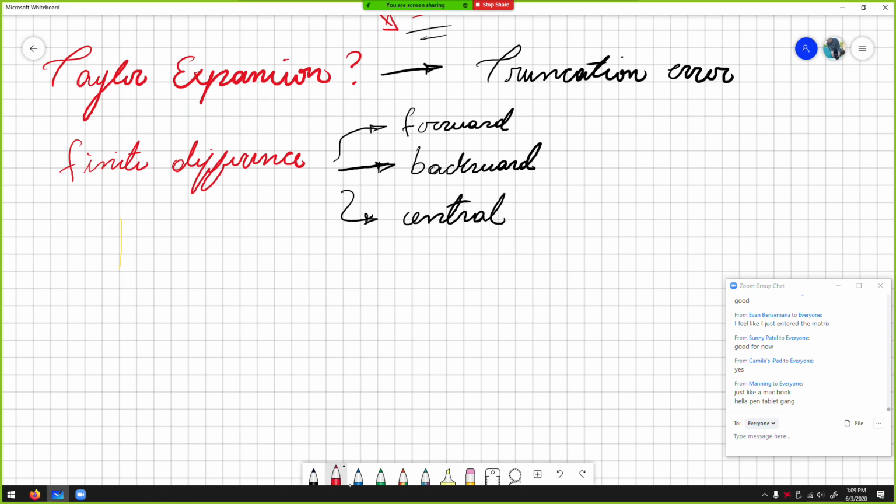Forward and backward are very similar, and central is the only one that really changes. This is important, because I don't remember the formula for central off the top of my head right now, but these three formulas are provided on your formula sheet.